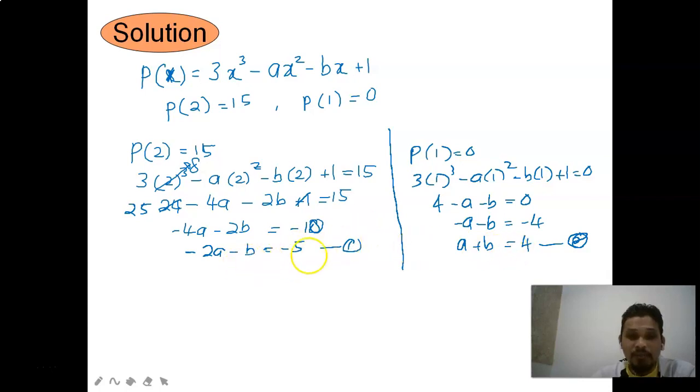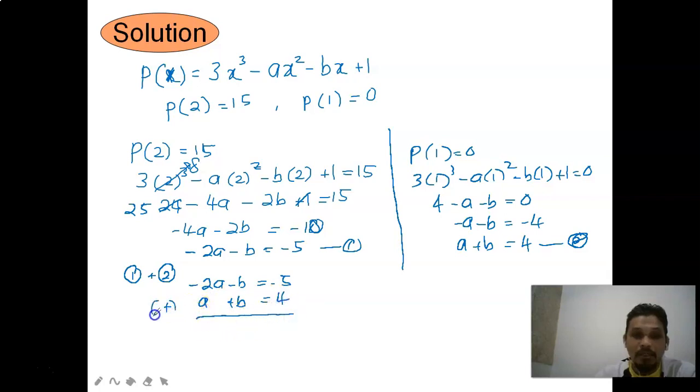Okay, so now look at equation 1 and equation 2 here. We got negative b and also b. If I add equation 1 plus equation 2: negative 2a minus b equal to negative 5, and also a plus b equal to 4.